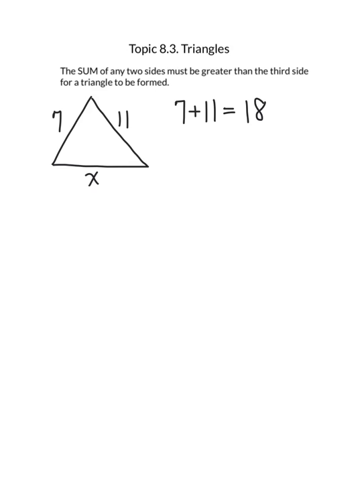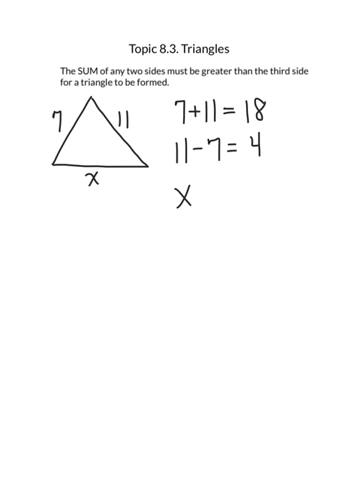And then the next thing you're going to do is take those same two sides and subtract them, whatever the bigger number is minus the smaller number. And 11 minus 7 is 4. Therefore, I now know that x has to be between 4 and 18.